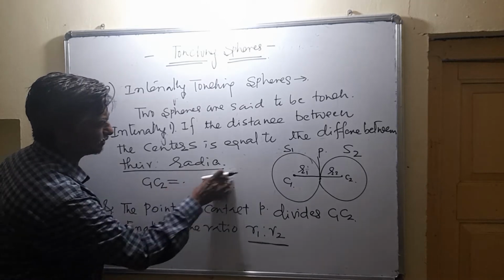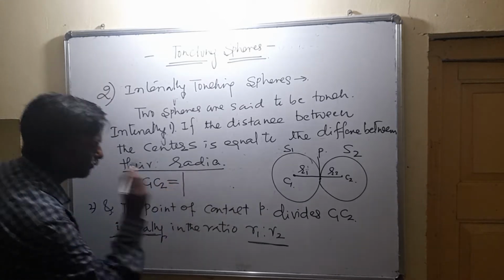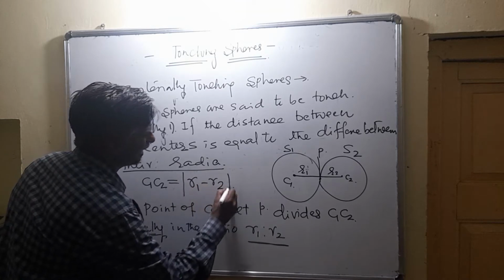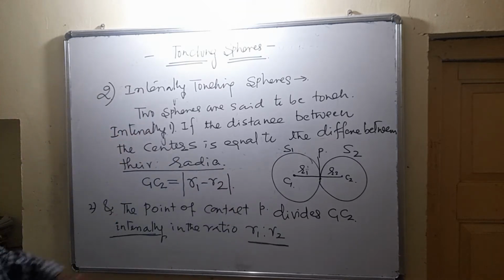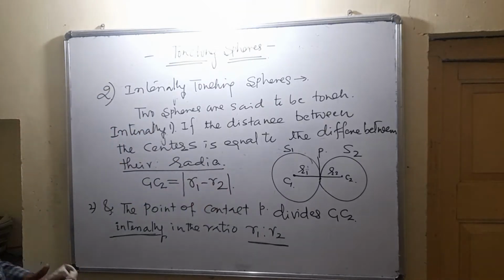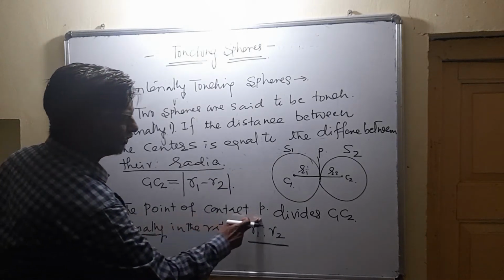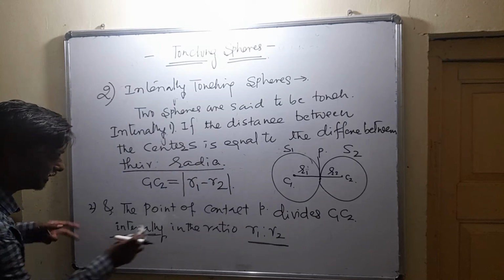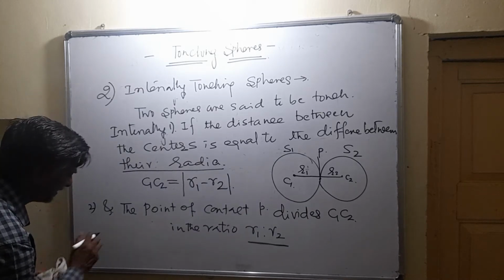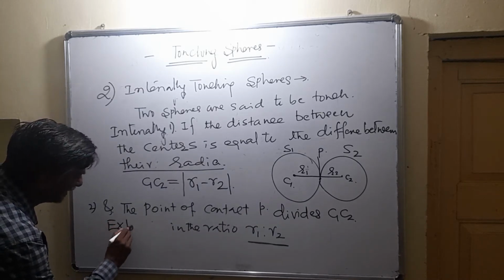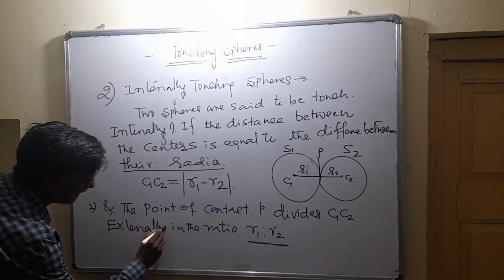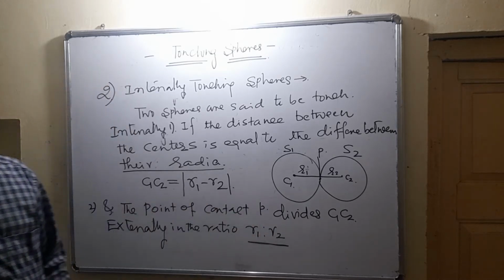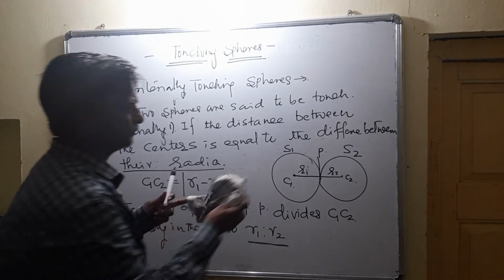This is equal to modulus of R1 minus R2. And the point of contact P divides C1C2 externally in the ratio R1 is to R2.